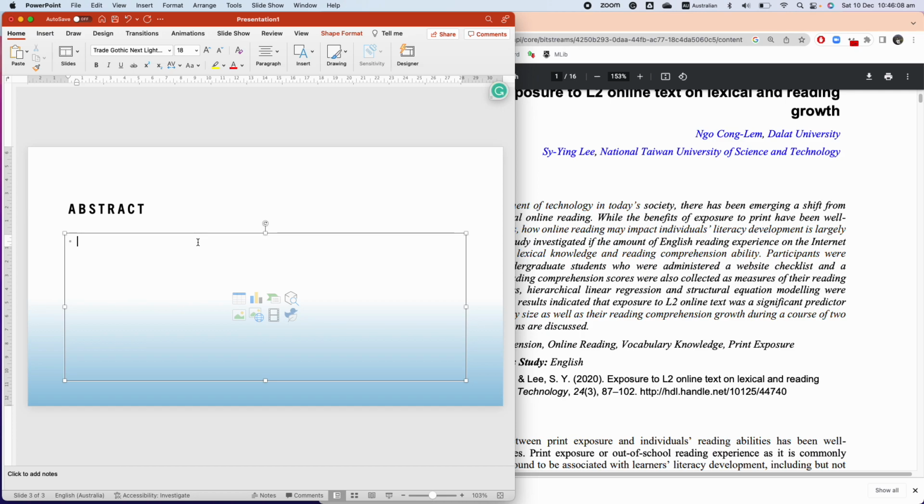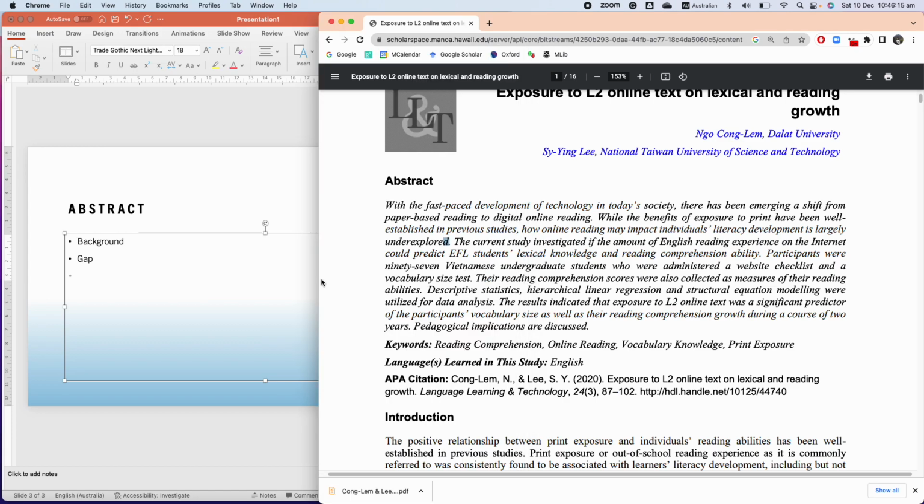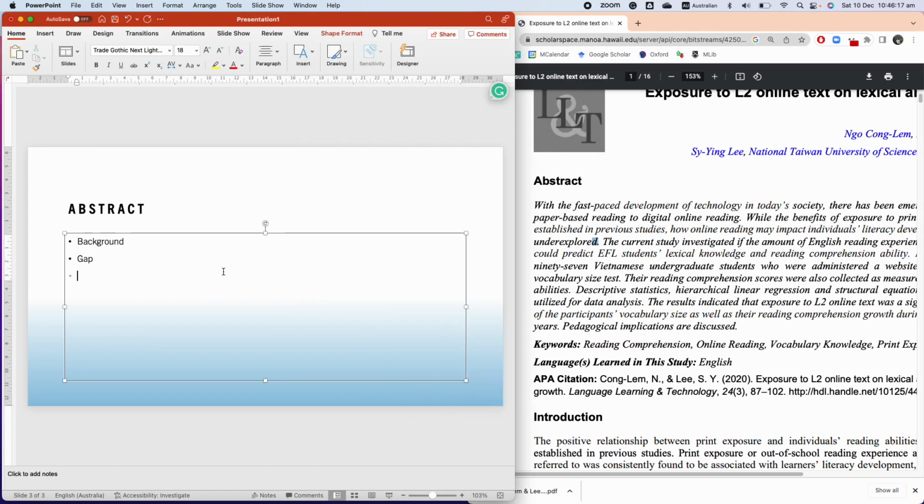What we want to do in the abstract is provide some background and the gap, and then the purpose of the study. Then the method: how did you find out about it? And the key findings, absolutely key findings, or you can call it highlights. Then discussion, again very brief, just one sentence, and implications.